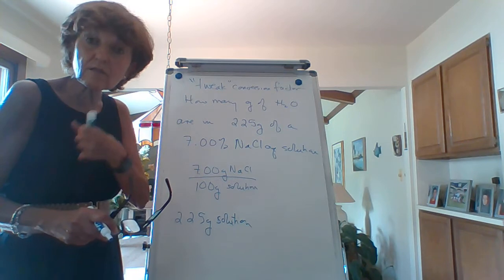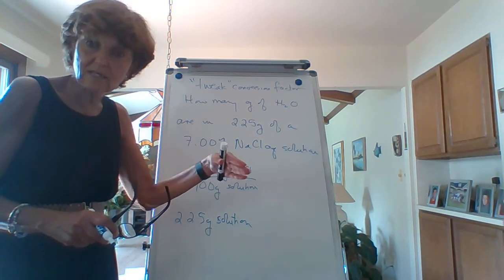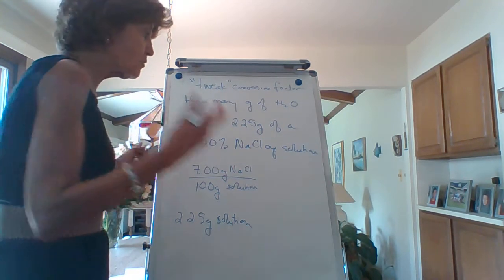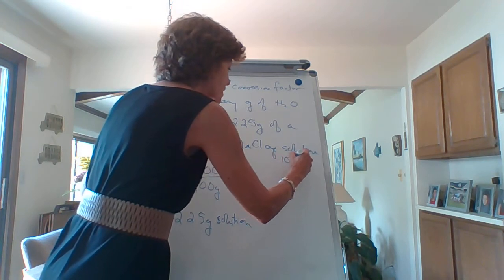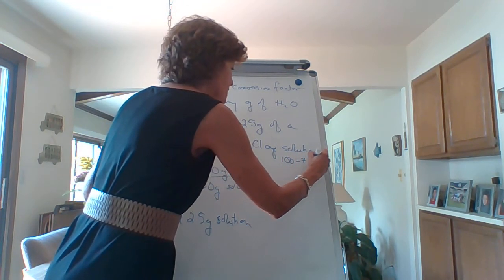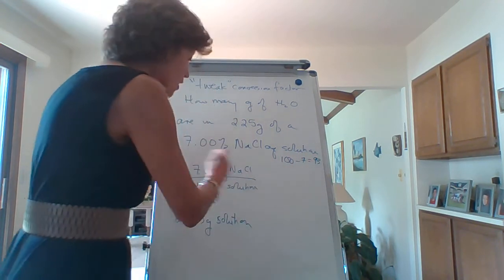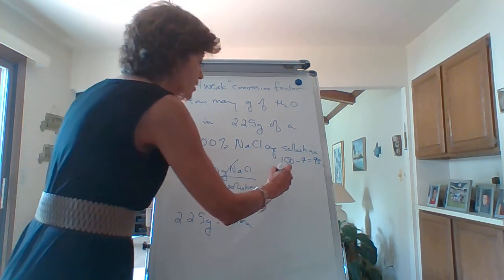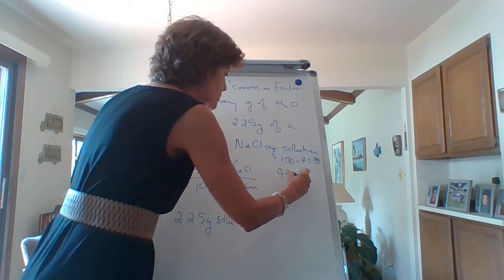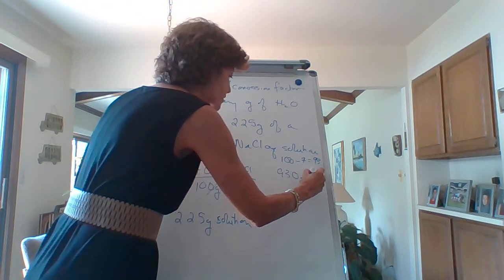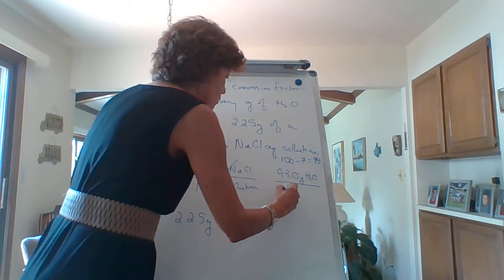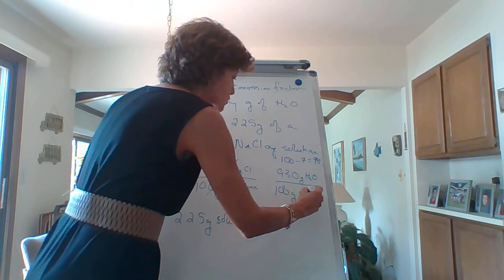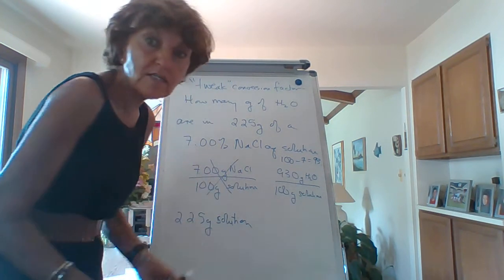So 100 minus 7 is 93 grams of water. So that's what you do. So instead of using this as a conversion factor, you're going to say 93.0 grams of water are in 100 grams of solution. Do you guys see what I did?